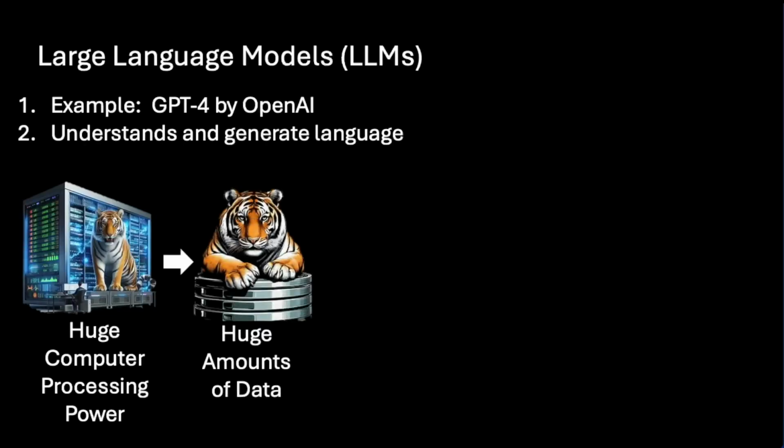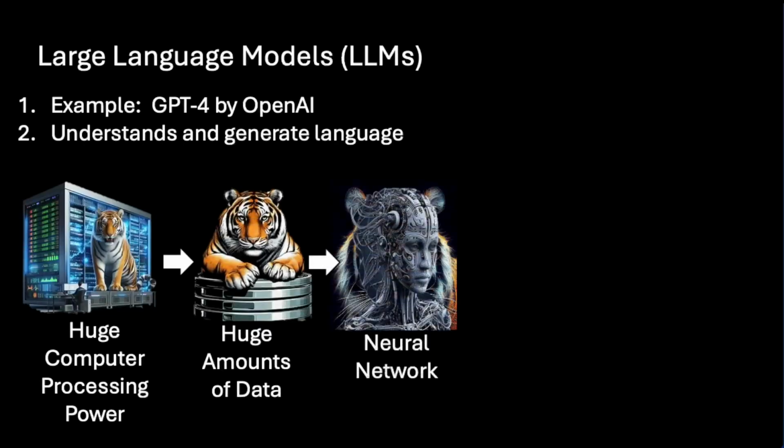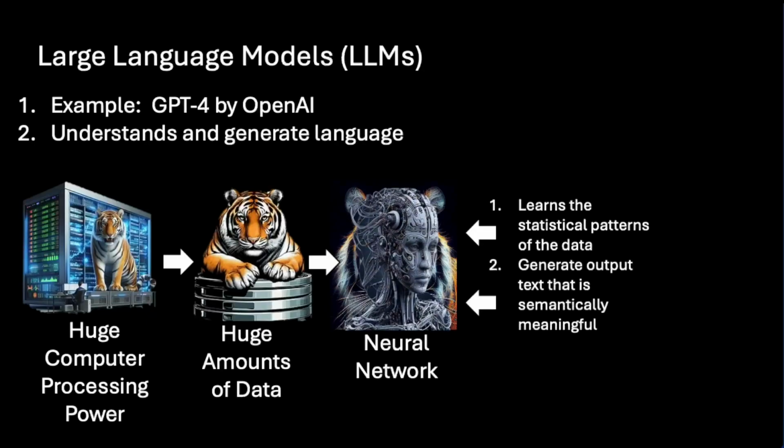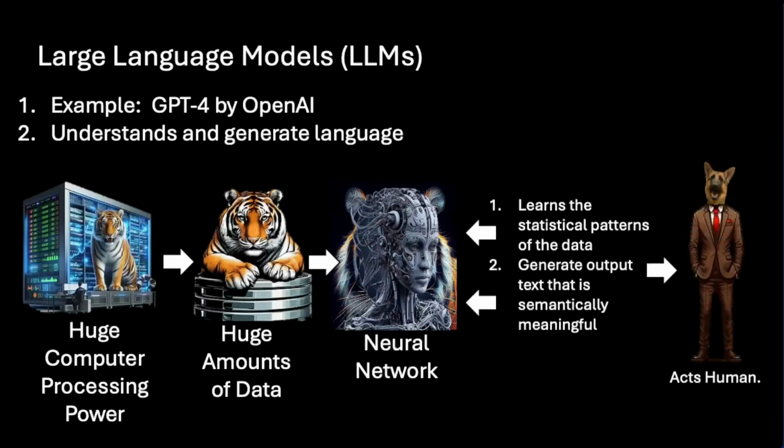Now you combine that with huge amounts of data, and then you have a neural network. And what this neural network does, it learns the statistical patterns of the data, and it generates an output in text that is semantically meaningful to the user. So in other words, it acts human.